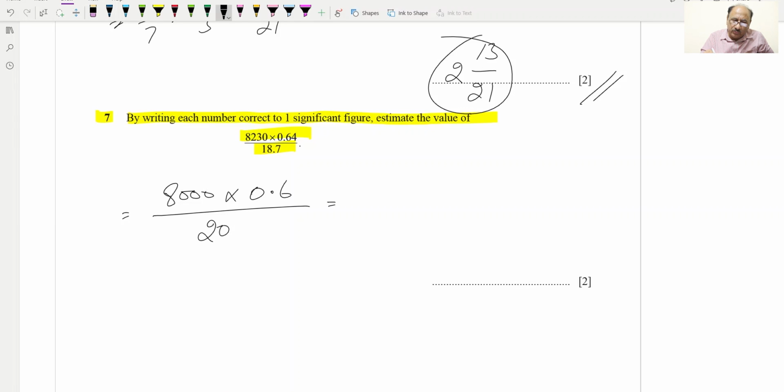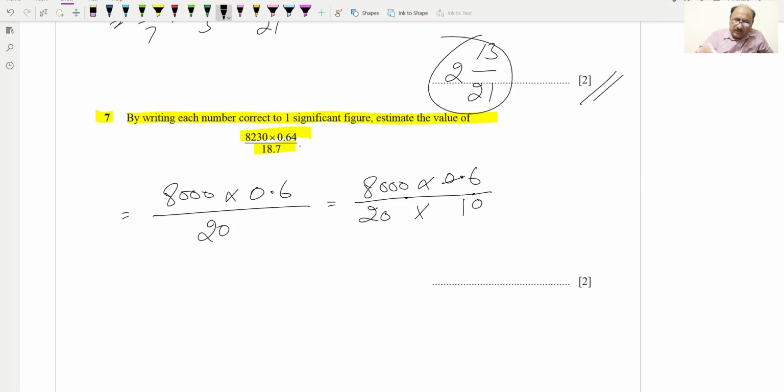Now we have to cancel, so we can write this as 8000 over 20 multiplied by 0.6. To cancel this 0.6, under the decimal we will write 1 and for 6 we will write 0, with a multiplication sign, and this decimal is gone.